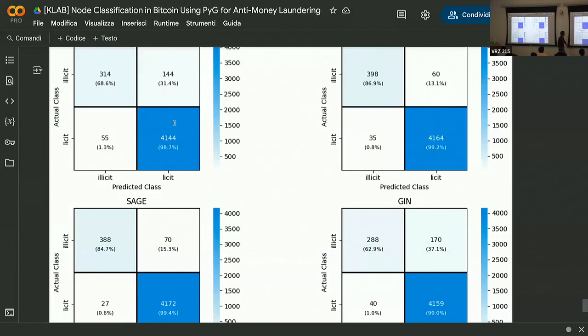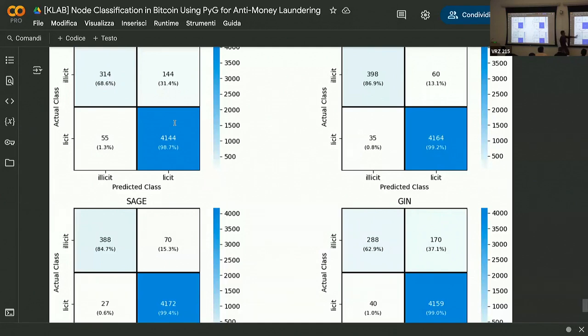So considering this implementation, you can see that this is graph convolutional networks. This is graph attention networks. This is GraphSAGE. This is GNN, but it's not so important. This is just another architecture. So we notice that GraphSAGE actually obtained 84% of accuracy on the illicit nodes.